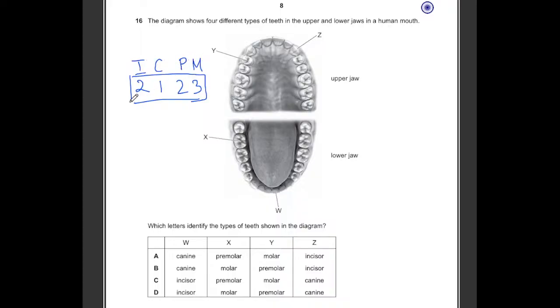I see Prime Minister. I stands for incisor, C stands for canine, P stands for premolar and M for molar. So you should remember the dental formula, ICPM 2123.